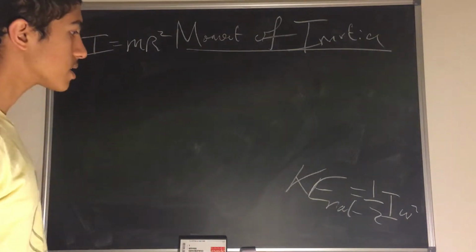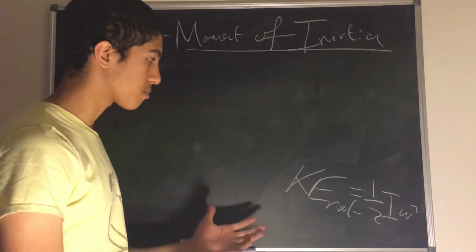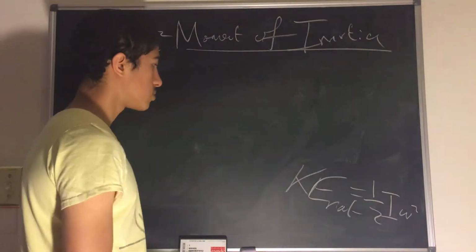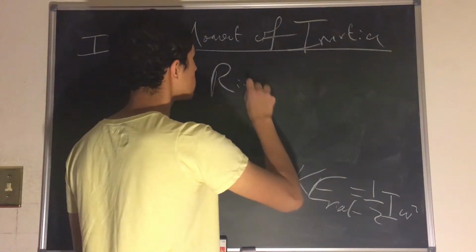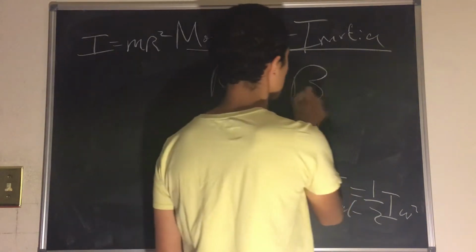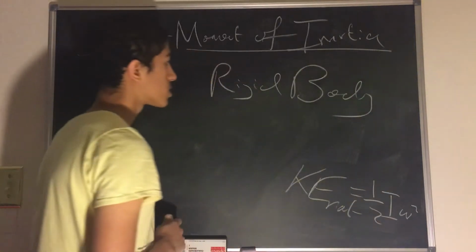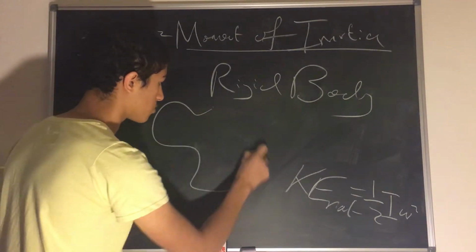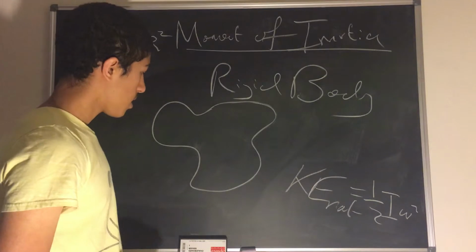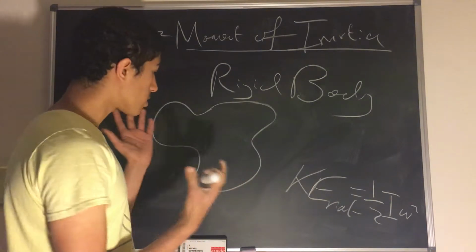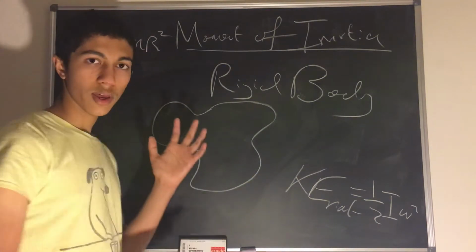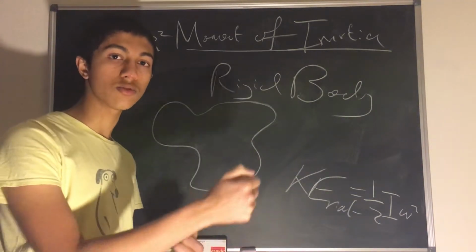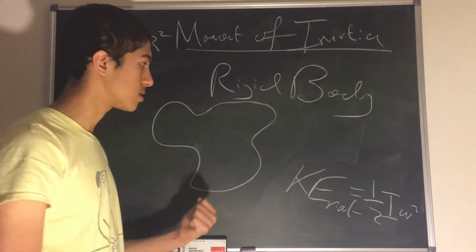When we discuss the kinetic energy of a rotating body, we use this equation. Now, what sort of rotating body do we use? We use something called a rigid body, and in physics textbooks that's usually drawn like some squiggly shape. All you need to know is that this shape is rigid in that as it's rotating, different components do not rotate at different angular velocities.